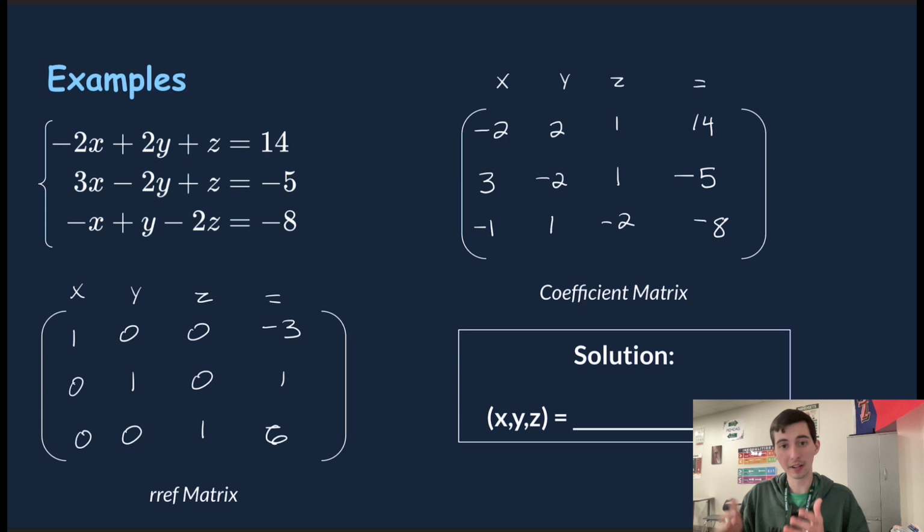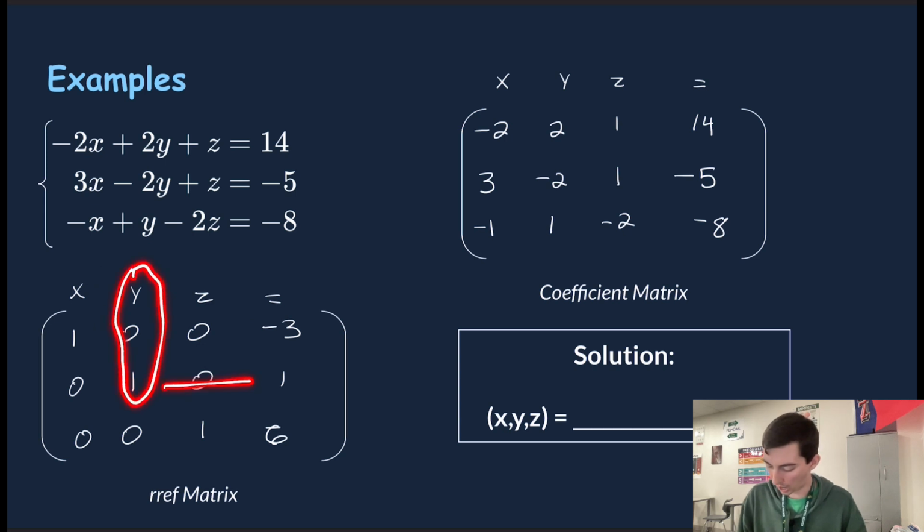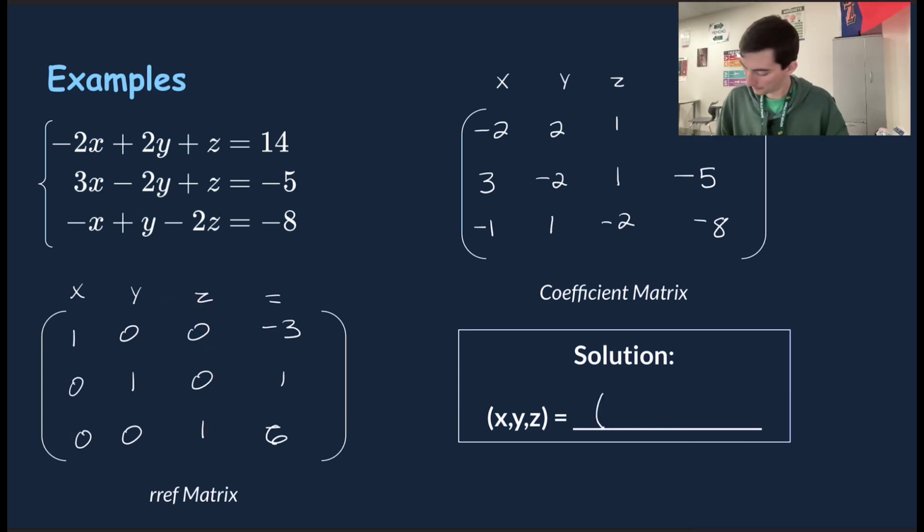Lining it up in these columns makes it really easy to see what we've got. So 1x is equal to negative 3, 1y is equal to positive 1, and 1z is equal to 6. So x is equal to negative 3, y is equal to 1, and z is equal to 6. And that's how I find my solution to a 3x3 system.